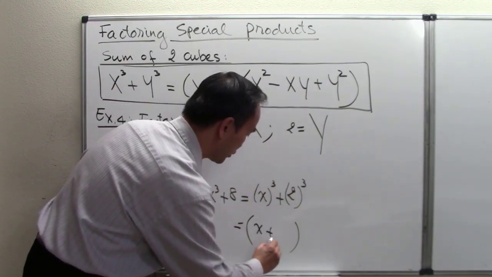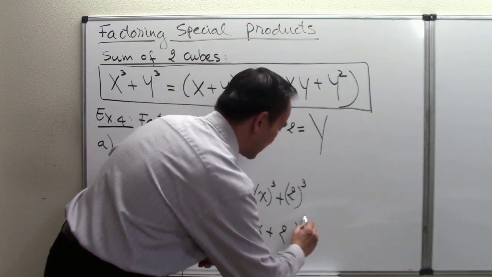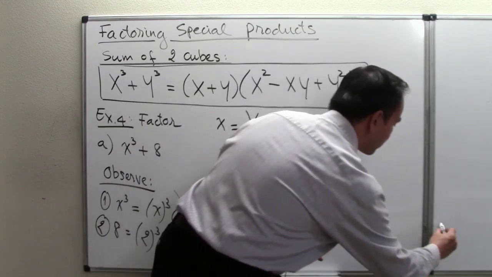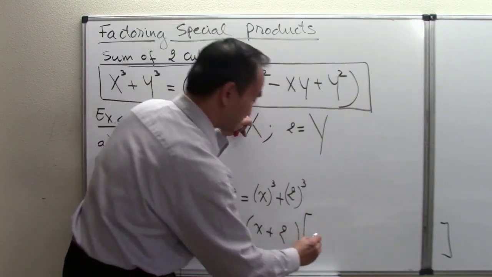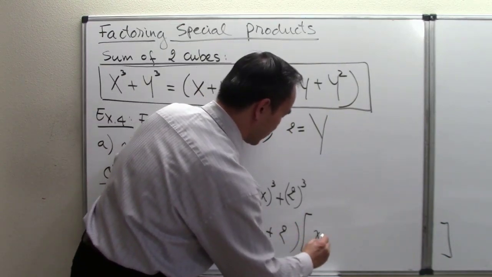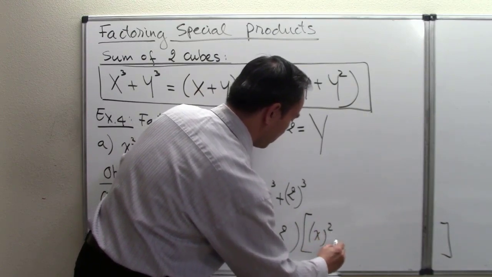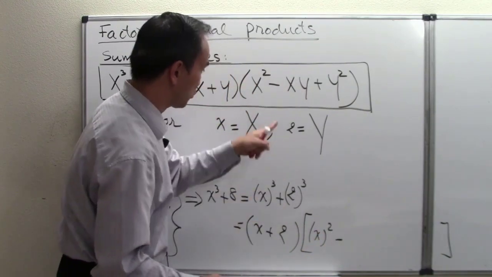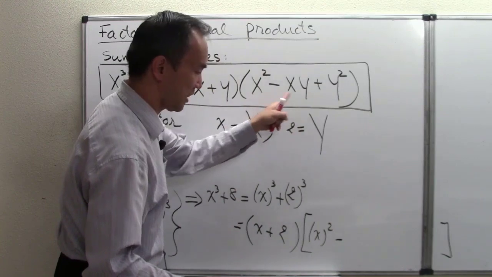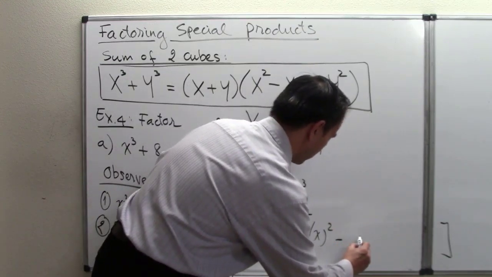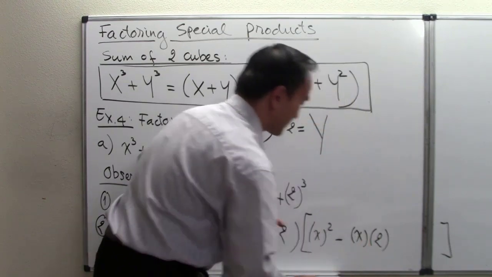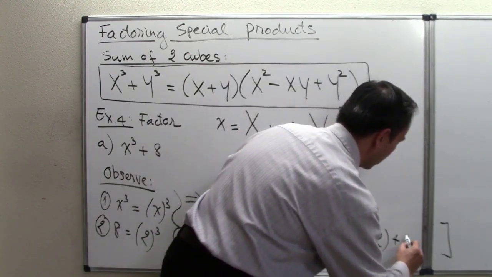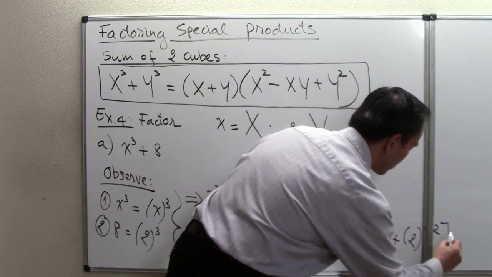So x plus 2 in parentheses, and I'm going to produce brackets here. So I'll have x squared, but it's lowercase x this time. So x squared minus x times y, so x times 2, and then plus 2 all squared.